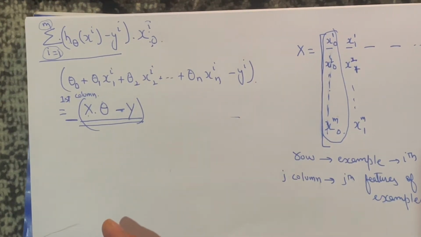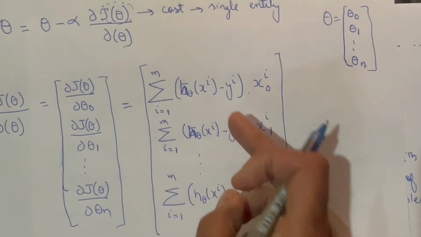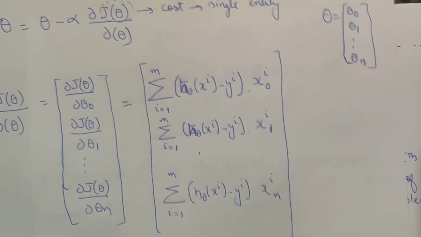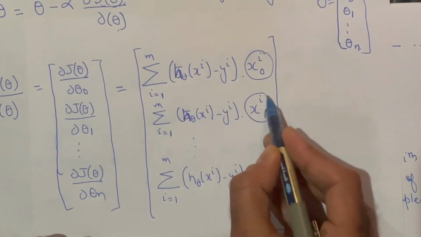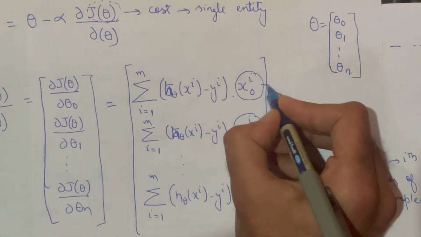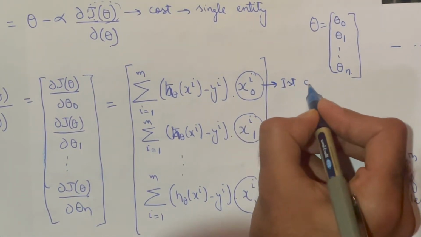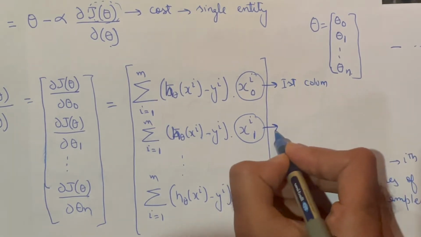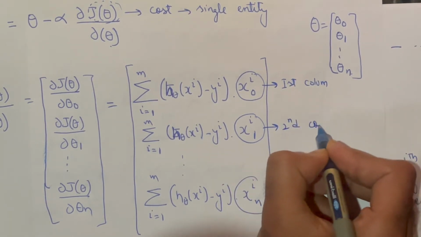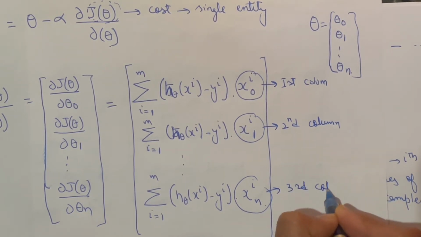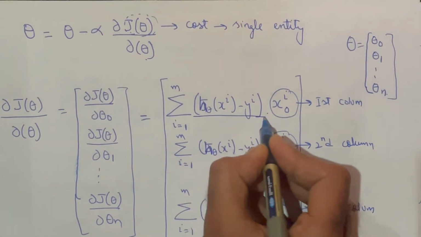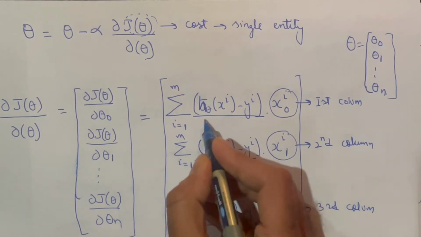So that means this particular quantity, the thing that we were doing, we were multiplying these. This can be said as the first column, this as the second column, this as the third column, and this particular quantity is the same for all. You can see it is the same in all.